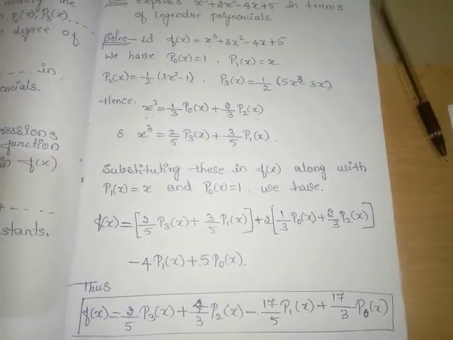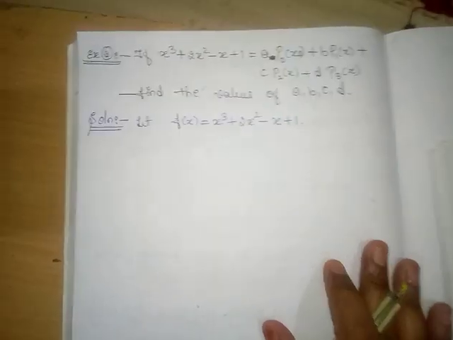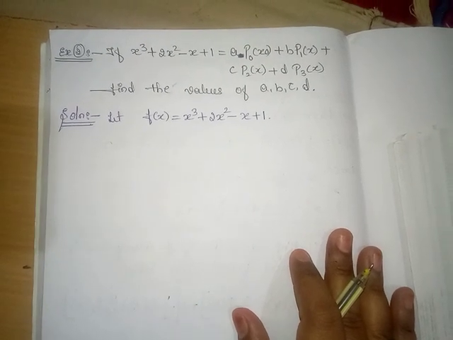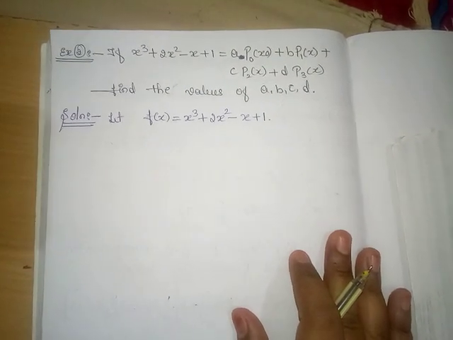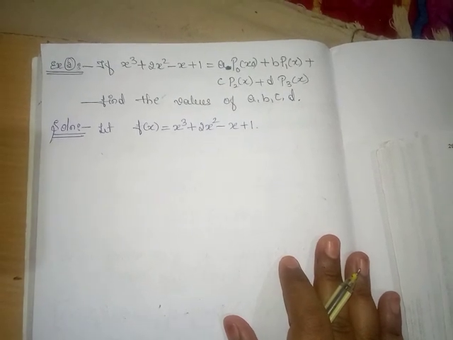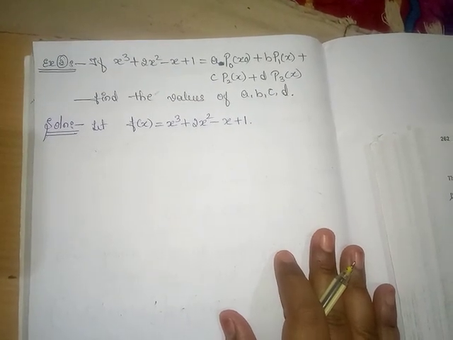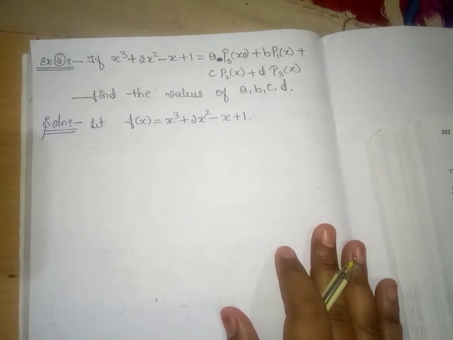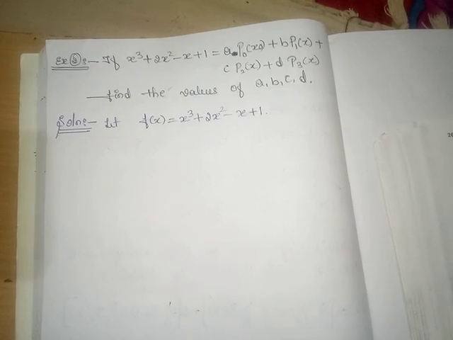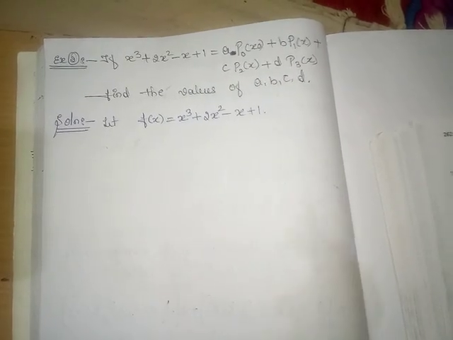Okay, next example. Second example: if x cube plus 2x square minus x plus 1 is equal to a P0 of x plus b P1 of x plus c P2 of x plus d into P3 of x, find the values of a, b, c and d. Here also we go for the same procedure.